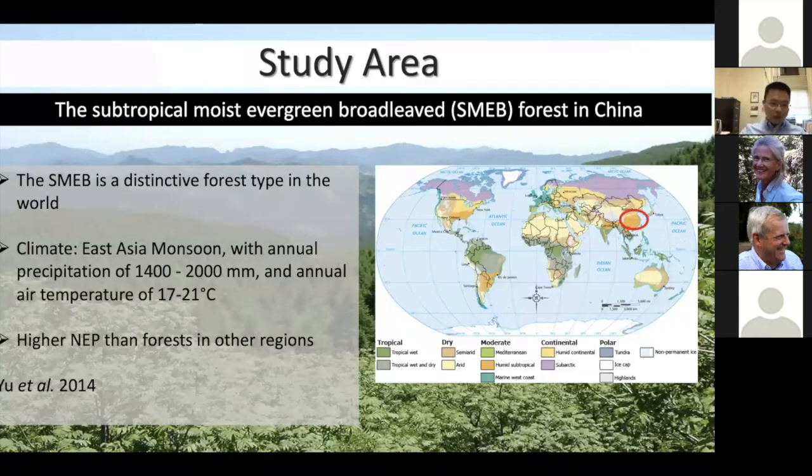Also, the plentiful rainfall, suitable temperature and long growing season give this region high plant productivity and higher NEP than forests in other regions.